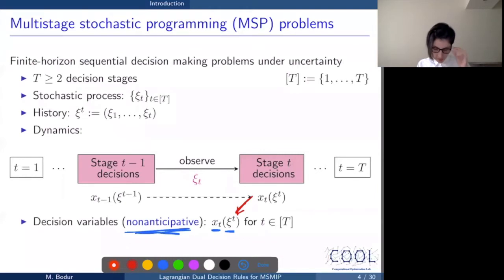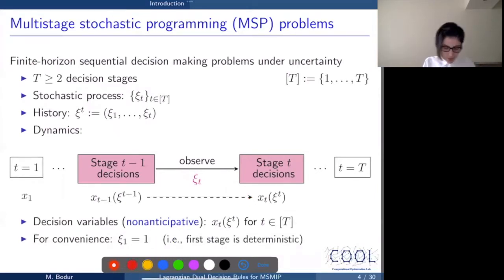Most notably, the decisions to be made at the very first stage are deterministic. For convenience of notation, I'm still going to parameterize these with ψ^1, but ψ^1 will be fixed to 1, which indicates that my first stage decisions are deterministic.